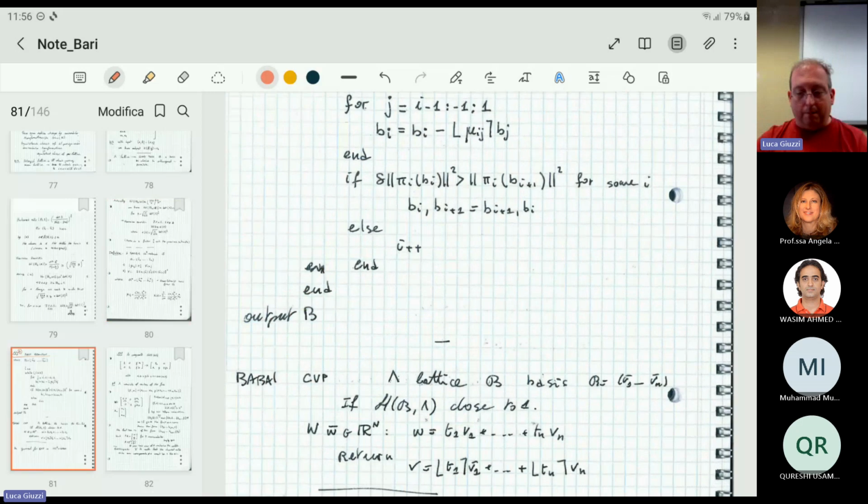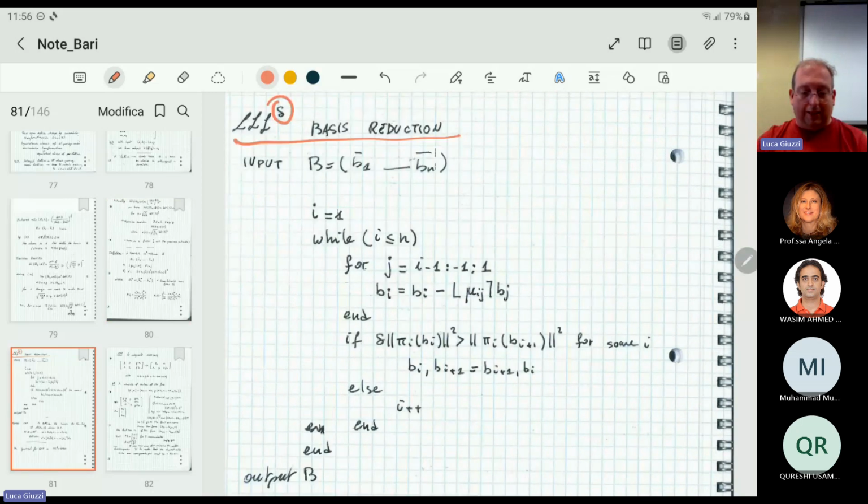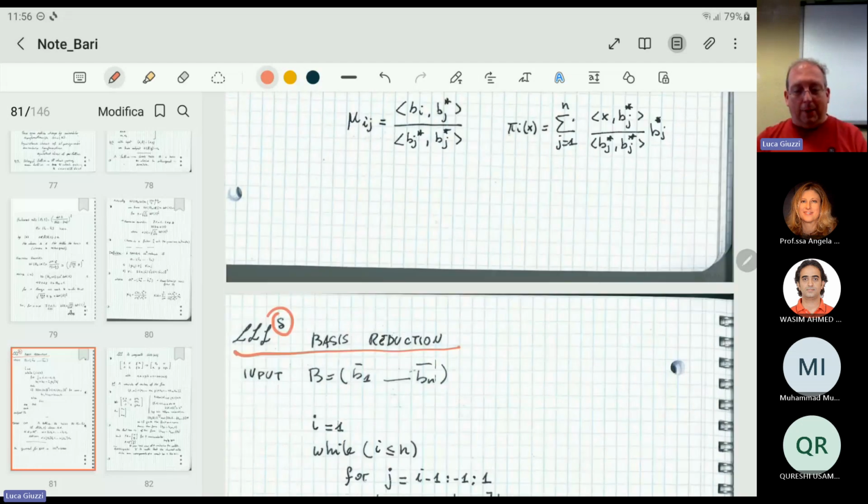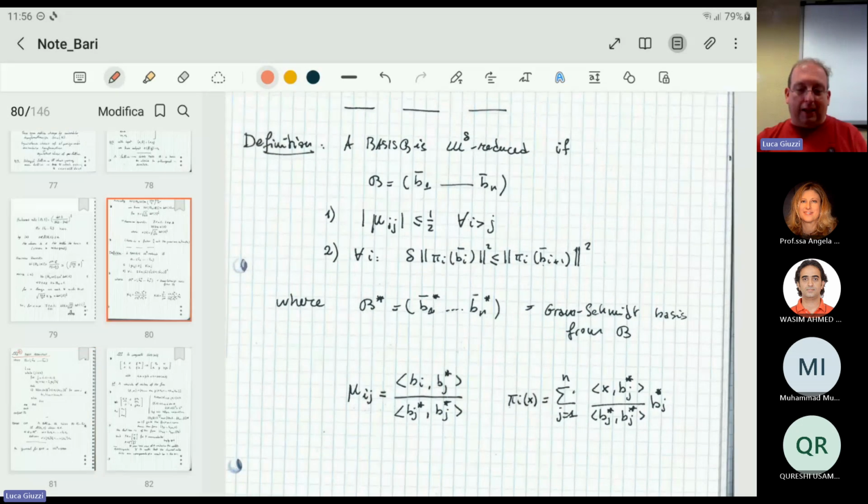The parameter delta, you don't see it here because this is written just to show that it is Gram-Schmidt, but delta is used to estimate these Fourier coefficients.